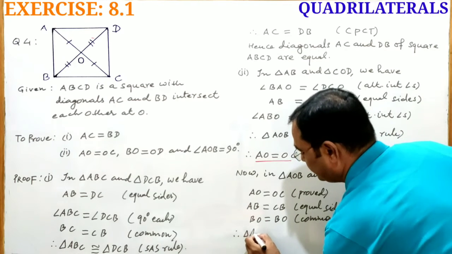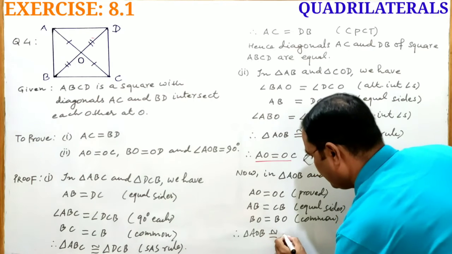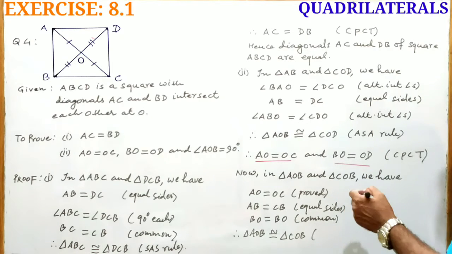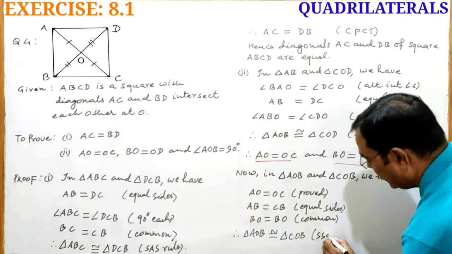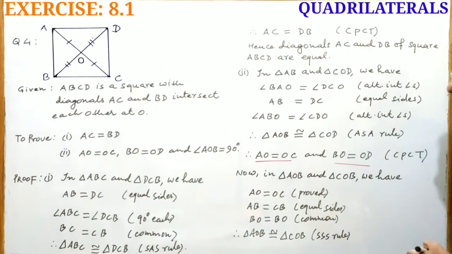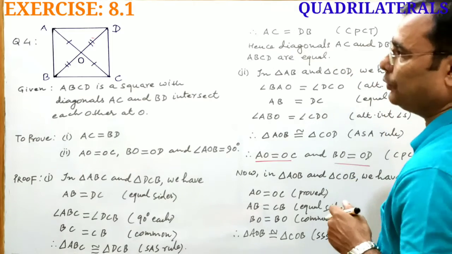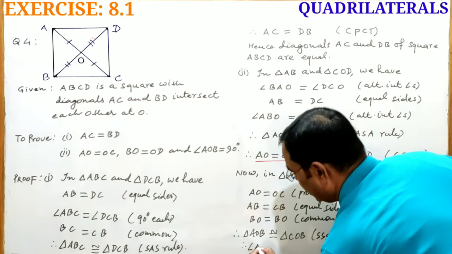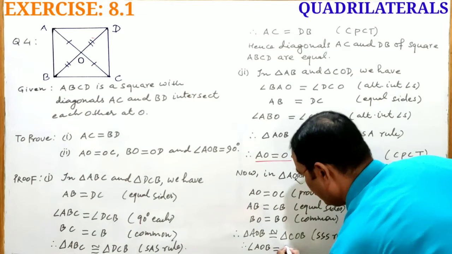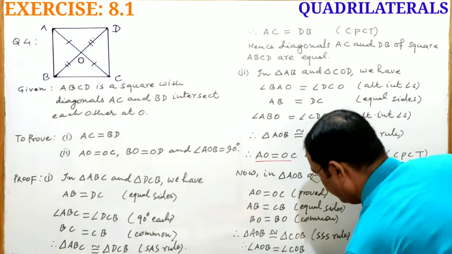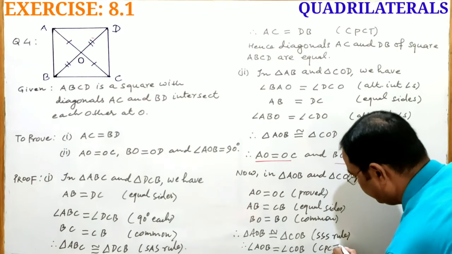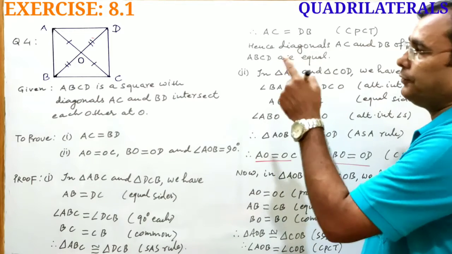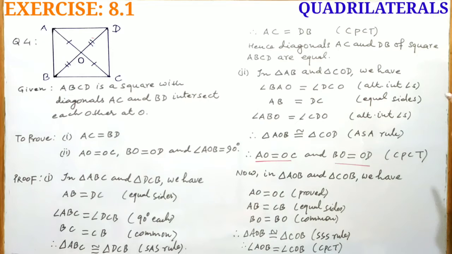Therefore, triangle AOB is congruent to triangle COB by side side side congruence rule, and therefore angle AOB is equal to angle COB. So angle AOB is equal to angle COB by CPCT. But angle AOB and COB in the figure form a linear pair of angles.